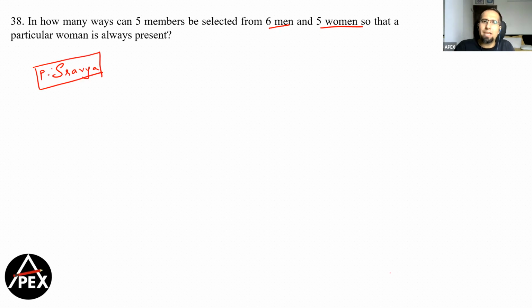So I am not having any role to choose her. She is already there, which means I have 10 people left now, and I have to choose the remaining 4. So therefore my answer becomes 10C4. Quick responses, guys. Yes, no, yes, no, yes, no. So when a particular person is what I'm saying, that means that person is already identified.